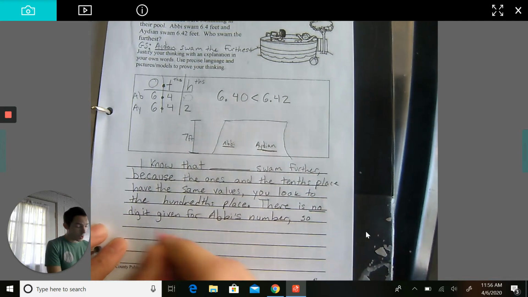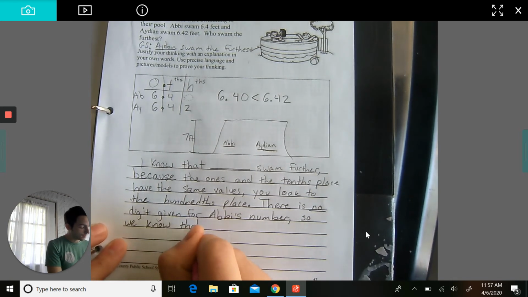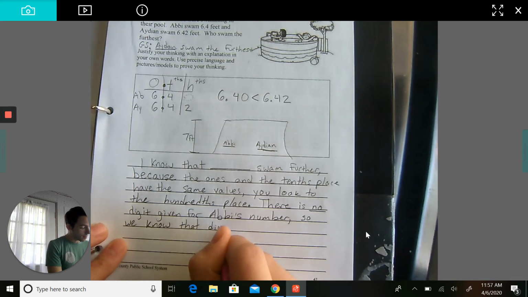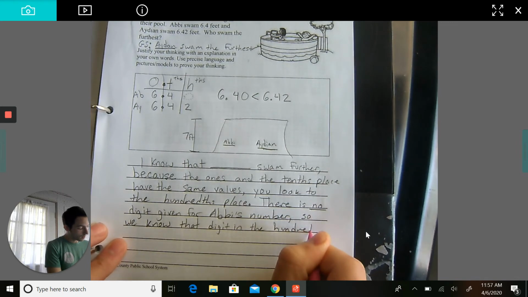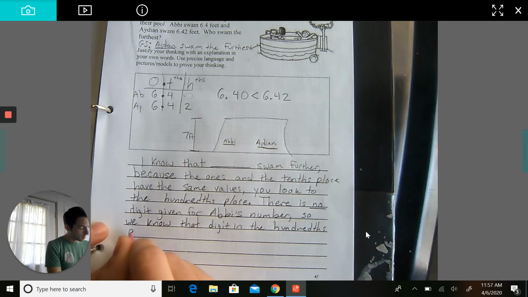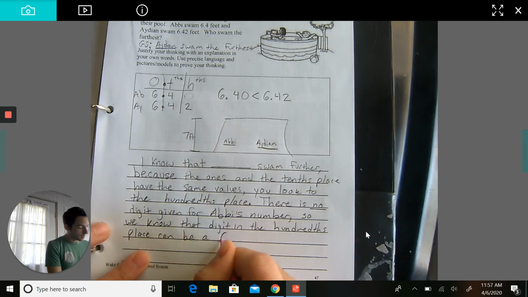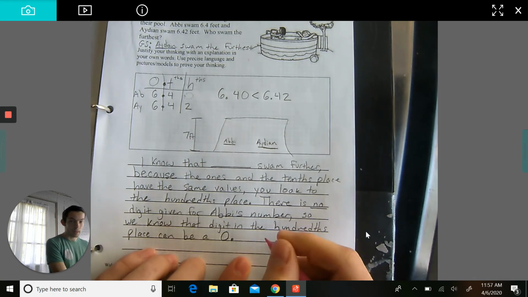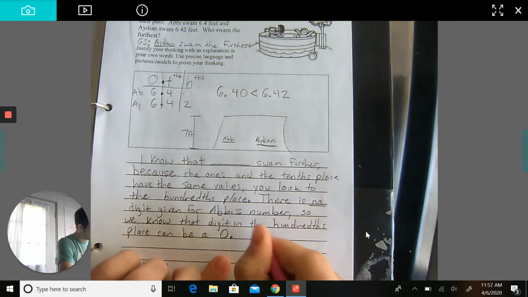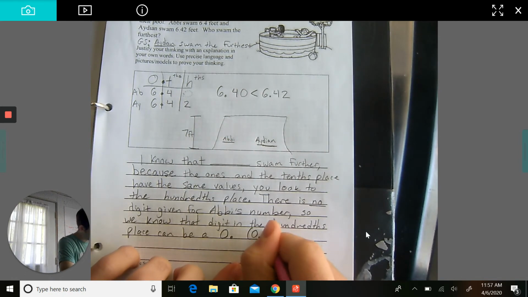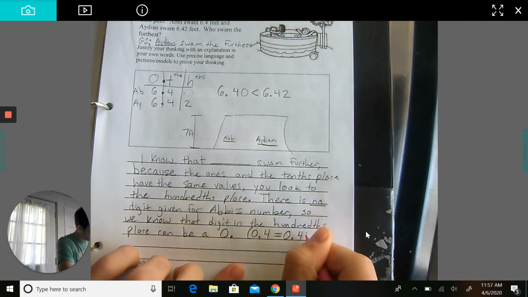So we know that the digit in the hundredths place can be a 0. Remember that because 4 tenths is equal to 40 hundredths. And I'll even write that here in parentheses. 4 tenths equals 40 hundredths.